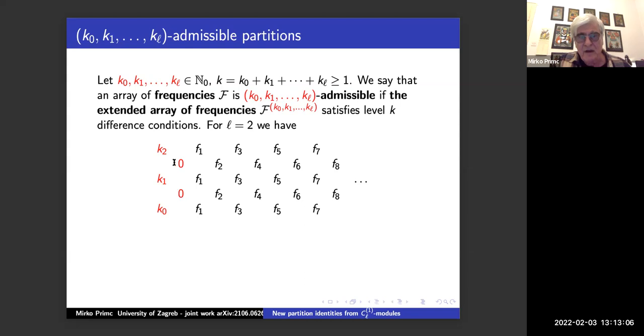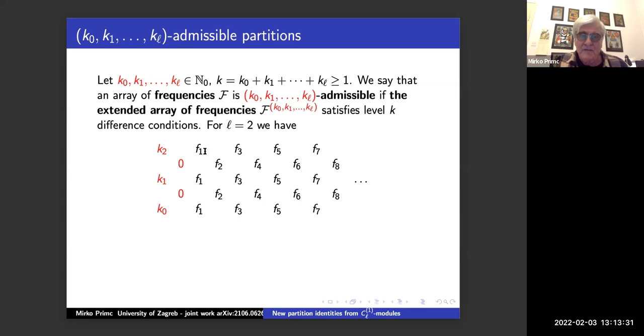Here 0 and here 0. And if we had a bigger array, it would be again another 0. And then for odd integers, starting from the last row, we put K0, then K1, then K2, and all the way to KL in general.